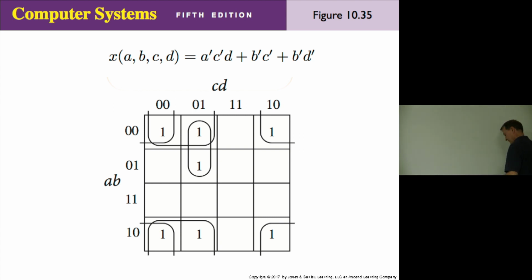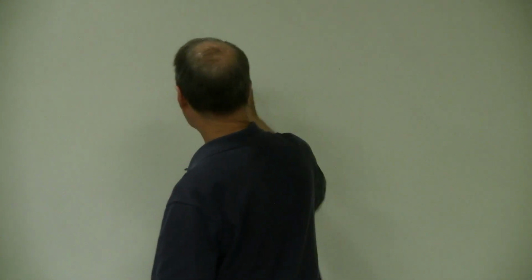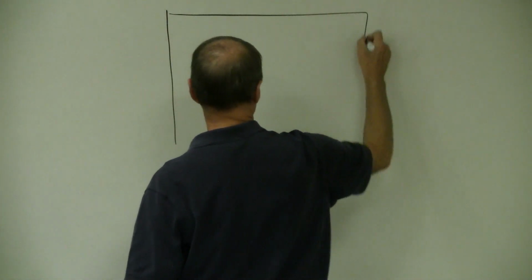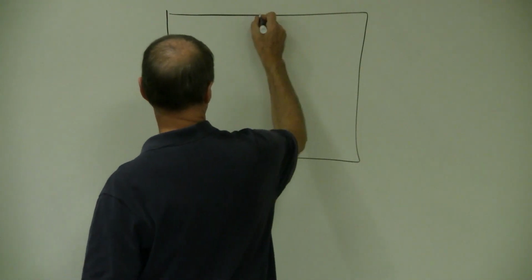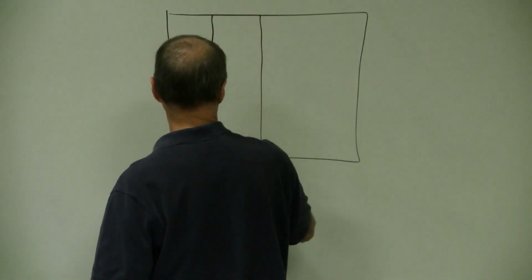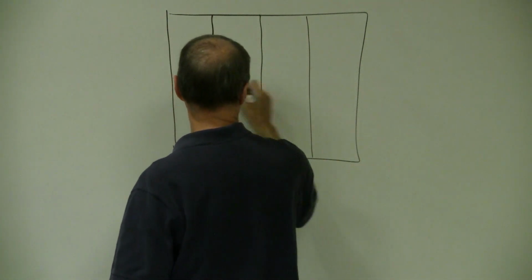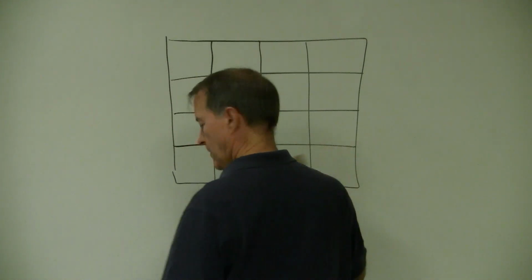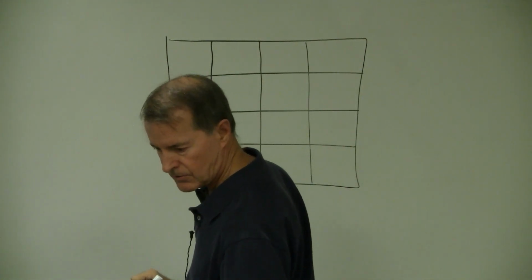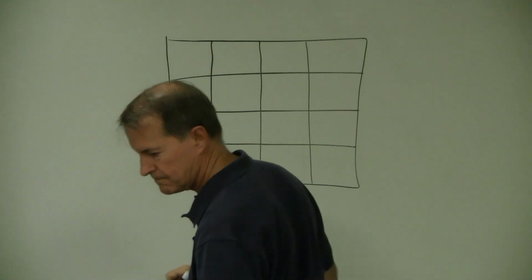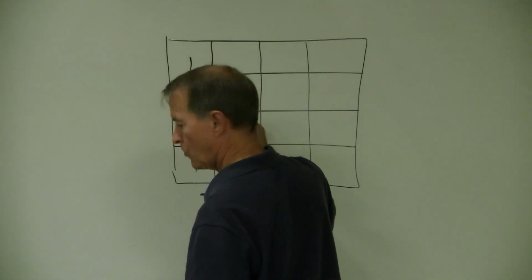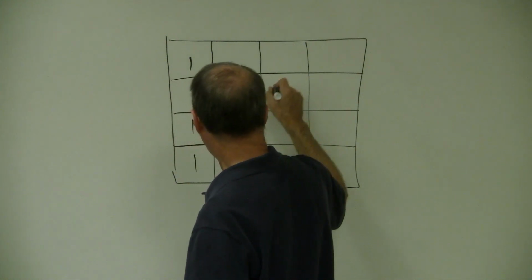Okay, let's do another one. Now how about this? Let's fill in the map: 1, 1, 1, 1, 1, 1.